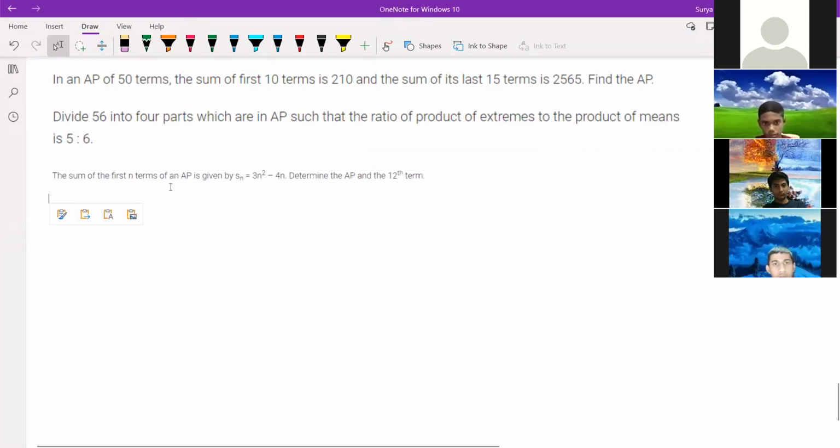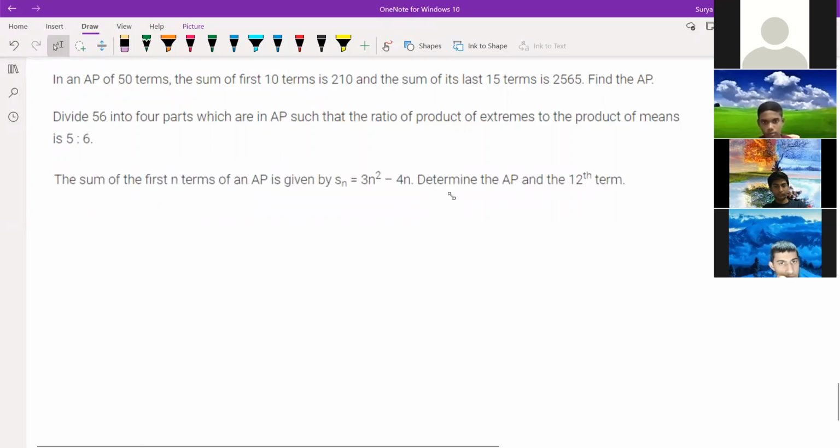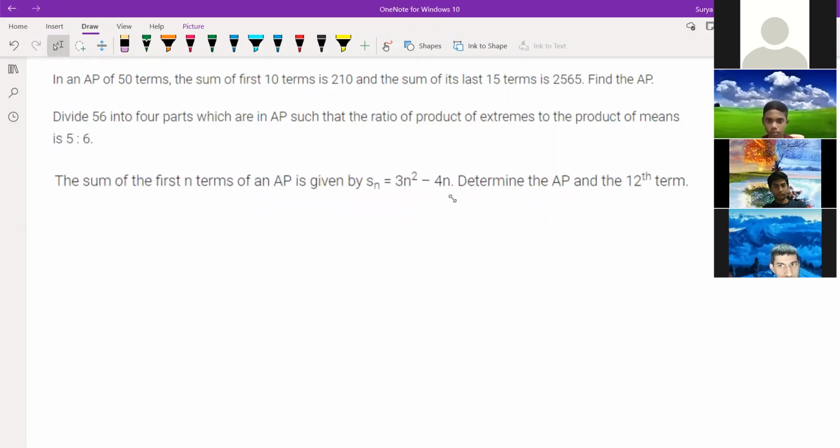Sir, we have to find the AP in how many terms? Only the AP you should find, meaning first term, then second term, third term. Yeah, only 5 terms is fine. Yeah, enough.